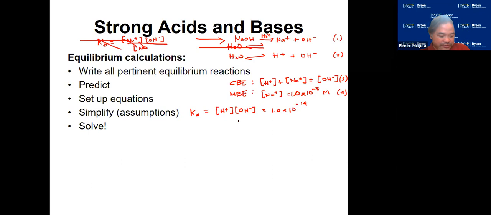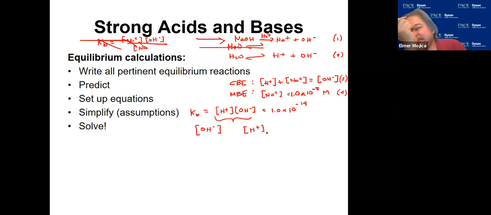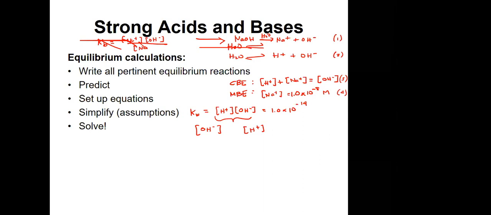So what are we going to do here now? What's the assumption that we can have here? Can we make an assumption here between the H plus and the OH? Which one will be greater? Are they equal? Is the amount of the H plus and the hydroxide in the system the same? Yes or no? No, it should be basic, right?